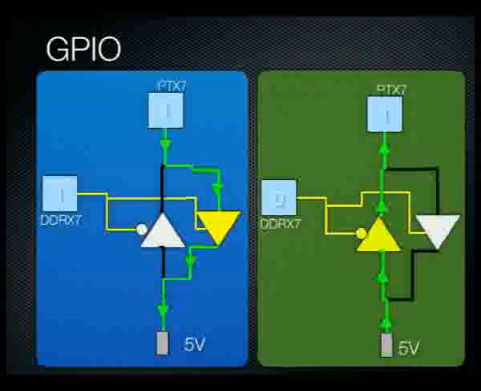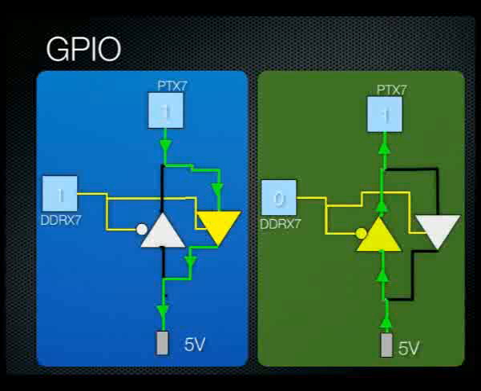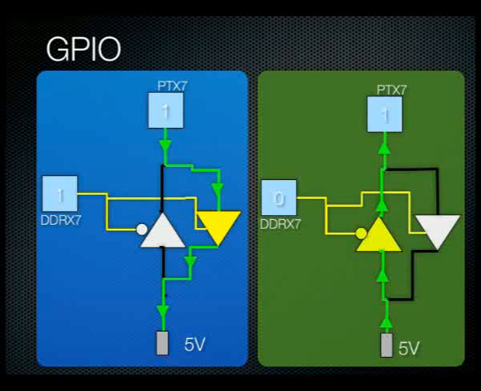So to show that a bit more clearly, in the blue we have our pin, which we call PTX7. We don't actually have a port X, but this is X as in replace it with any particular port that you want to talk about. So we simply have our data directional register for pin 7 set to 1, which means we have turned on the output buffer.